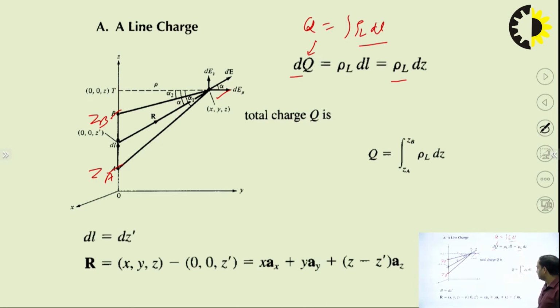Okay, so for solving this problem, what do we require? The total charge we can calculate from this formula, and we want this distance. So if we can get this distance, then we can solve for the electric field, right? So for that, this point is x, y, z.